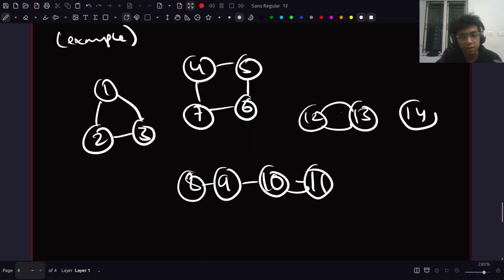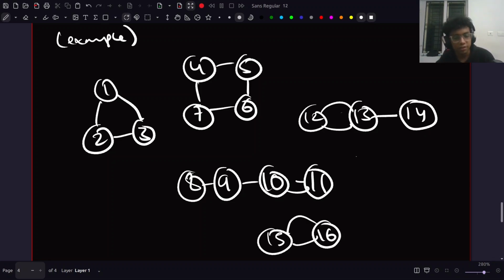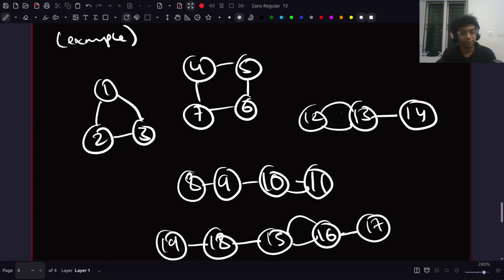Something like this. And then we could also have a case which is pointing both directions, right? So let's say we have 15 16, and these two know that they're each other's neighbors. But also there's 17 which knows that it's 16's neighbor, 18 which knows that it's 15's neighbor. And let's say we have 19 as well.